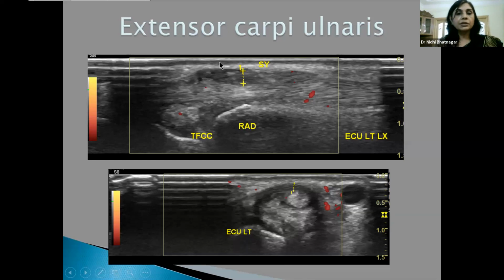What happens is that since there is tenosynovitis, the extensor retinaculum that is present just above that tendon sheath may give a false impression of thickening of the retinaculum, but it is actually the tenosynovitis. So this is for your reference that extensor retinaculum should be about 1 millimeter in thickness. If there is a thickening, do confirm that we are not dealing with tenosynovitis, and that's an important part of the evaluation.